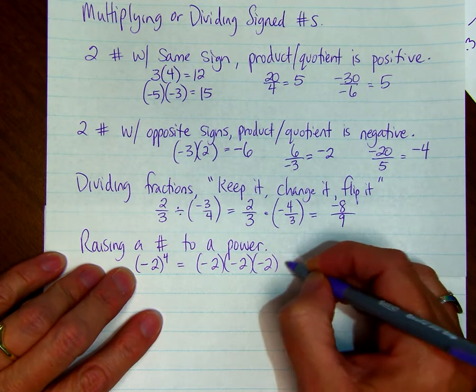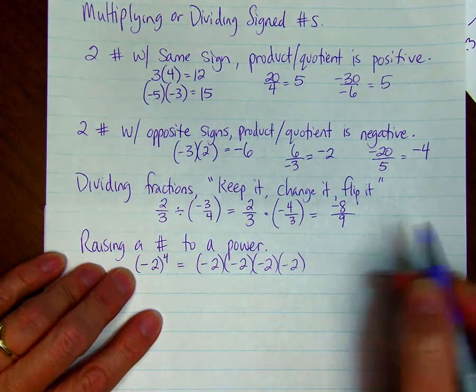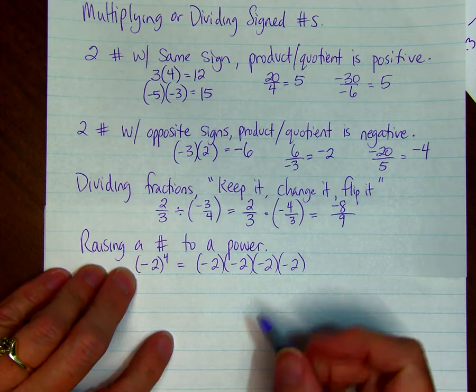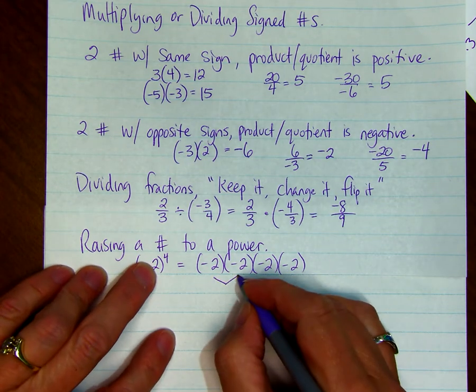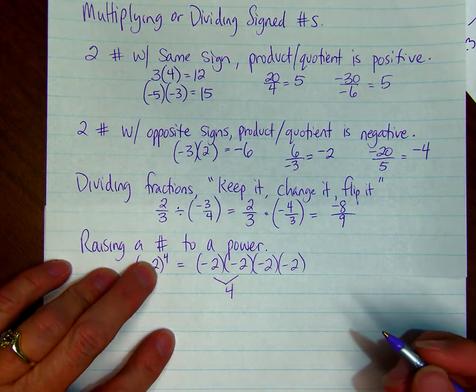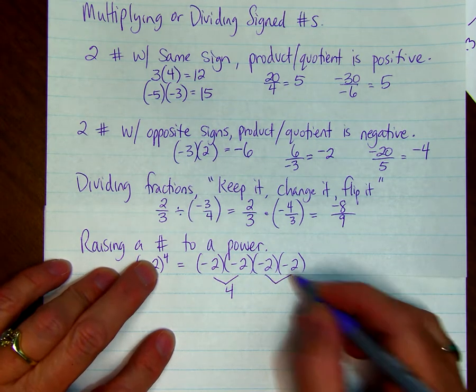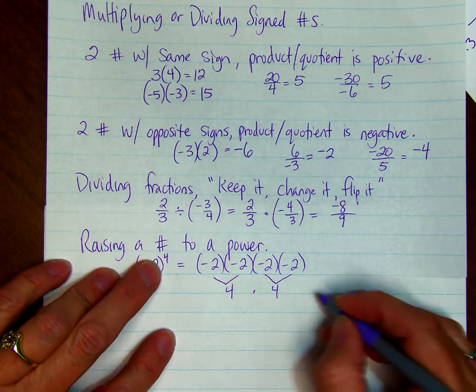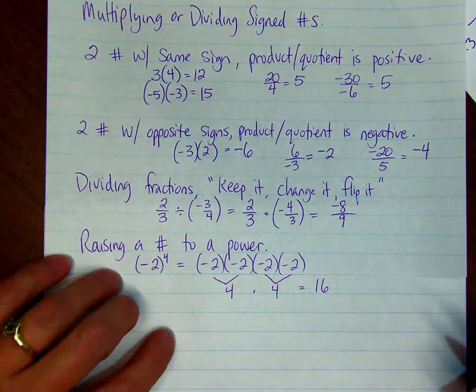So we're multiplying -2 times -2 times -2 times -2. You can think of it as multiplying 2 of those together. So -2 times -2 is a +4. You can multiply the other 2 negatives together and get a +4, and 4 times 4 is 16.